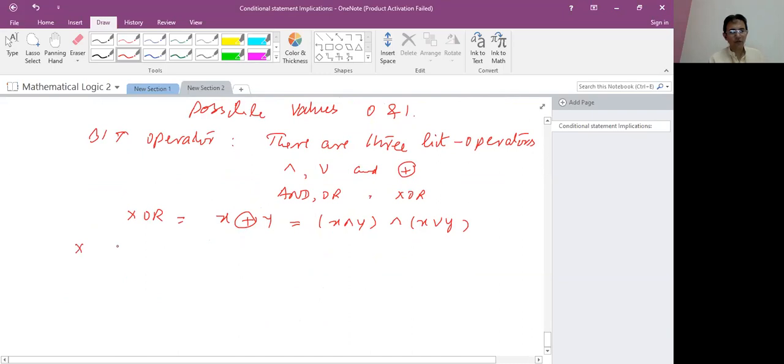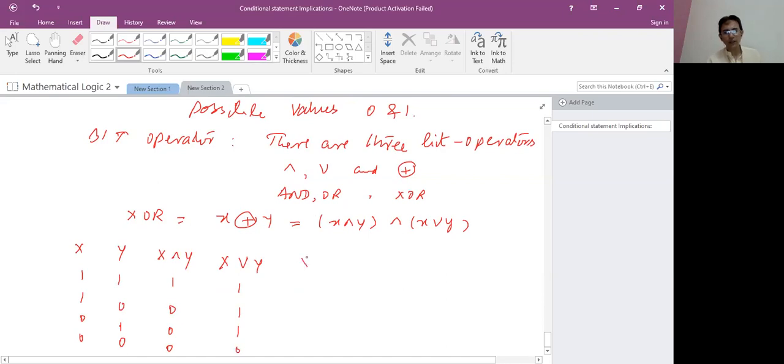So first we make two columns x, y: 1 1, 0 0, 1 0, 0 1. When we consider x and y, 1 and 1 is 1, 1 and 0 is 0, and it is 0, it is 0. X or y, it means 1 plus 1 is 1, 1 plus 0 is 1, it is 1, it is 0.